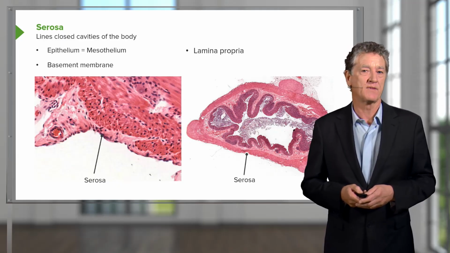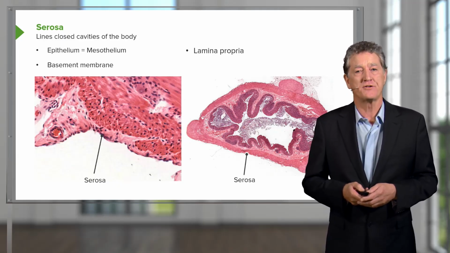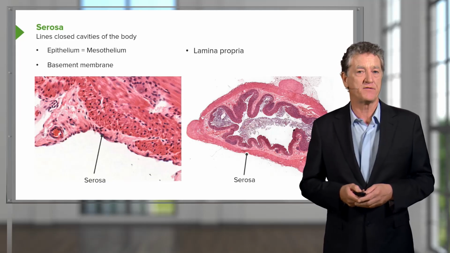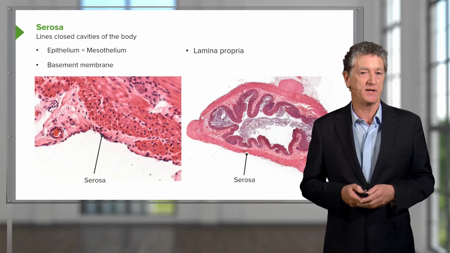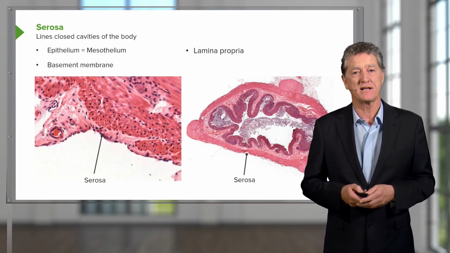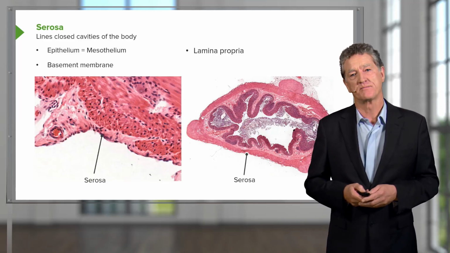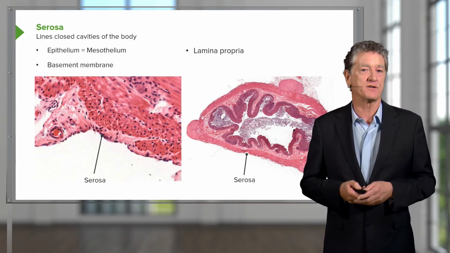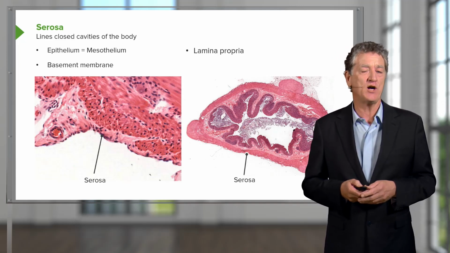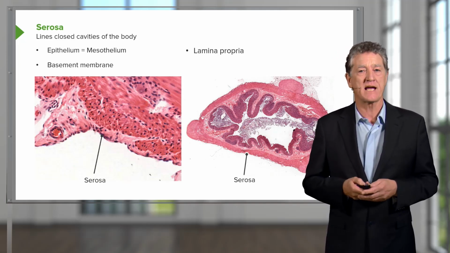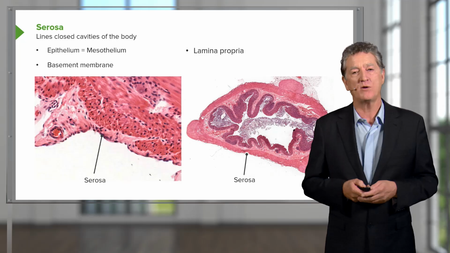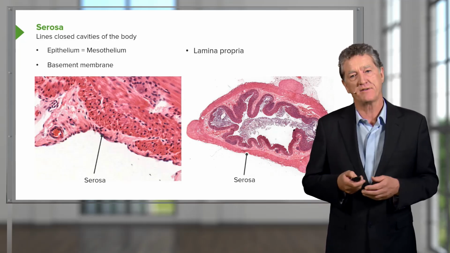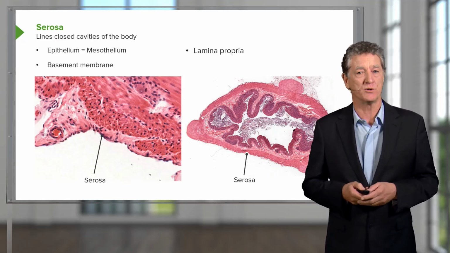When I lectured about epithelium, I mentioned that one function of simple squamous epithelium is to act as a lubricating surface. Well, often in these cavities, there is a serous secretion, a watery secretion that helps lubricate these cavities and helps create a friction-free environment, because often these cavities have contents moving all the time.